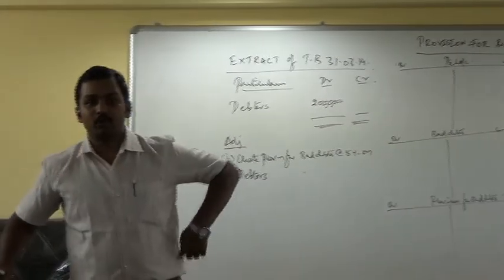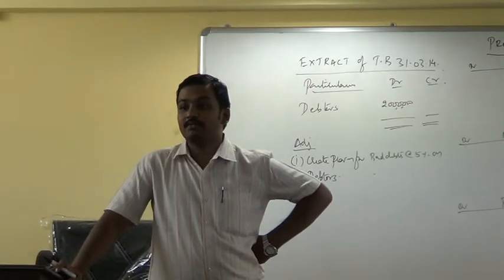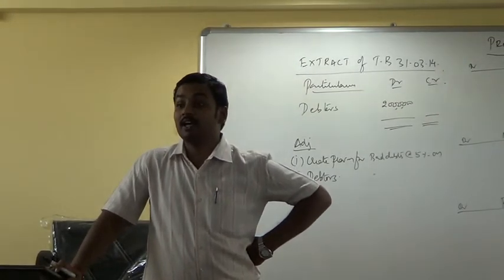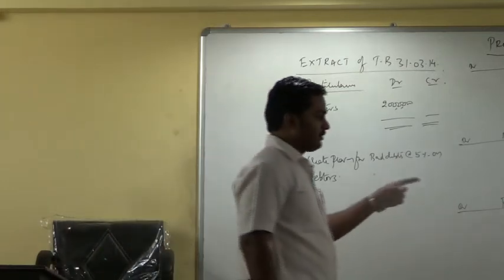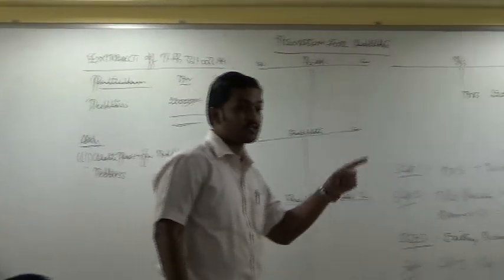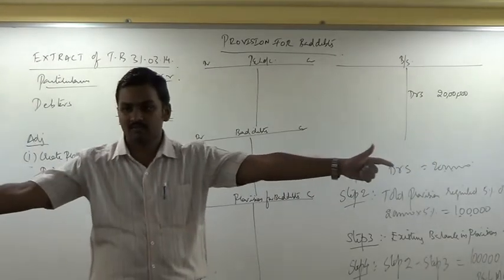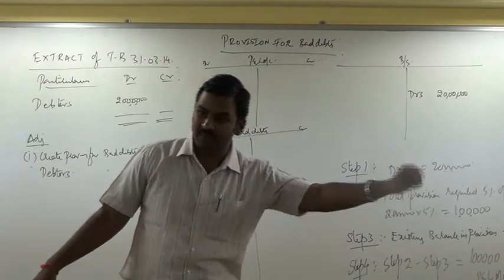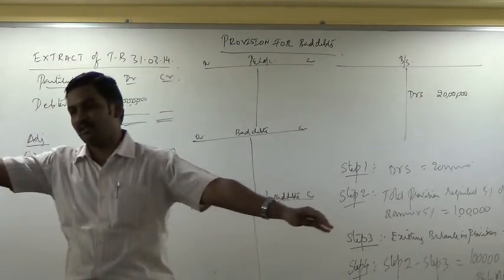If the answer for step 4 is positive, P&L account should be debited. If the answer for step 4 is negative, then P&L account should be credited. If the answer for step 4 is positive, plus means you have to add it to provision, deduct it from P&L account. If negative, you have to deduct it from provision and then credit the profit and loss account.